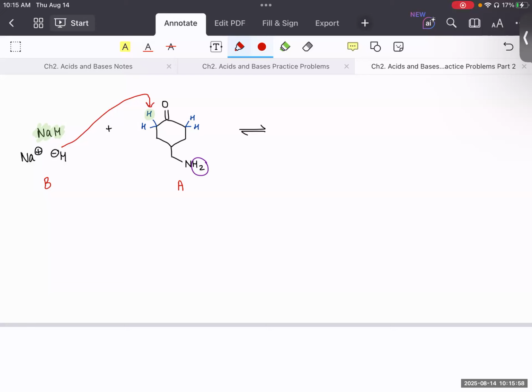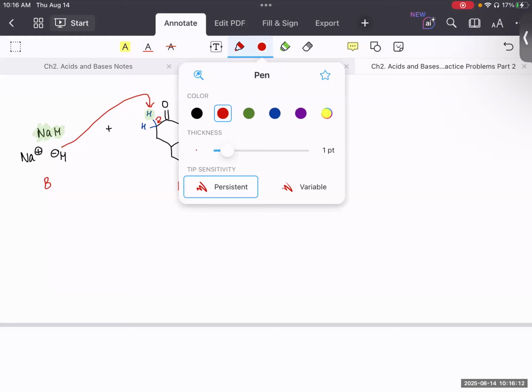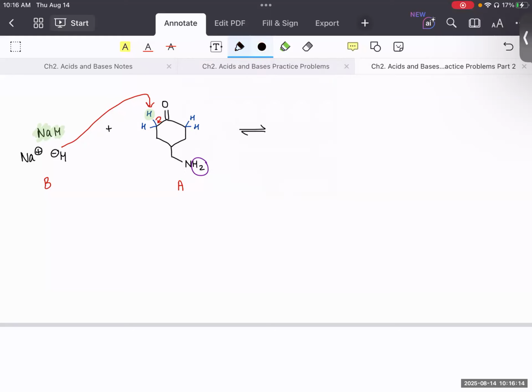And so we can draw that arrow to form that bond. And then we can also show the second arrow where that carbon-hydrogen bond breaks. And this is primarily due to the resonance stabilization that occurs once you deprotonate that hydrogen on the alpha carbon. And so again, a very common mistake is to deprotonate the NH2 instead.